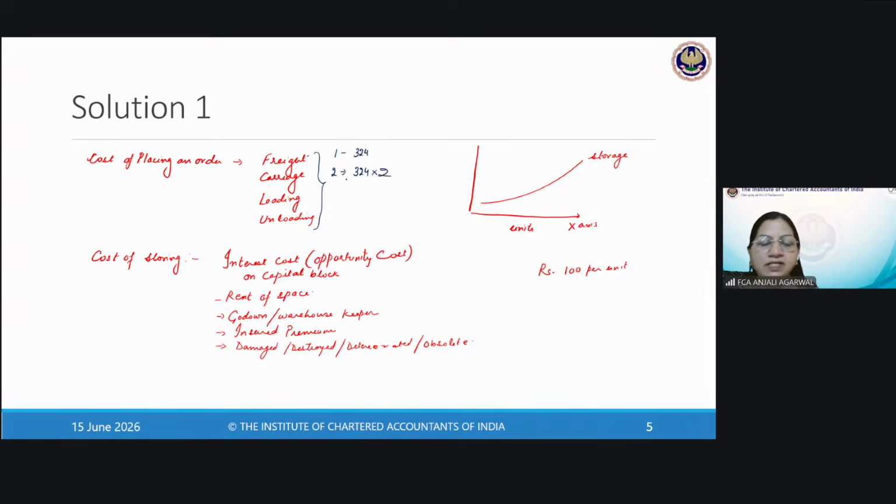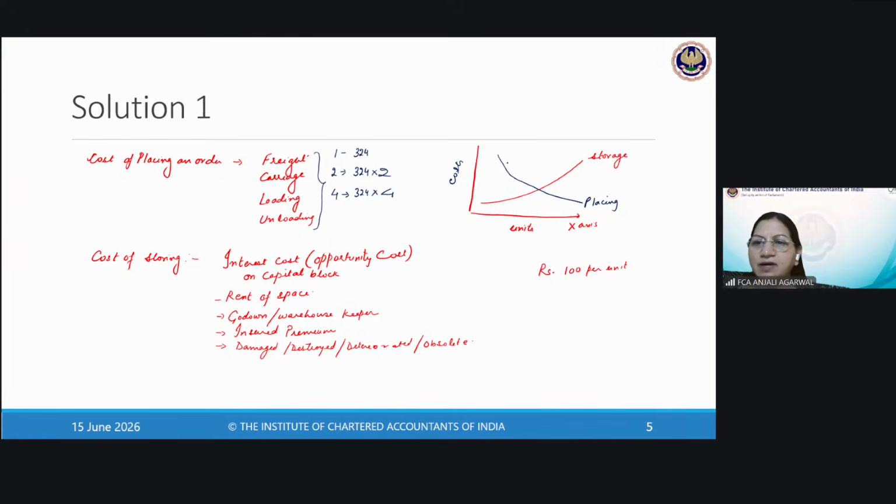If I buy 6,000 units, I will have 4 rounds of market, so 324 into 4. So the more units you have, the less is the placing cost. Placing cost behaves oppositely to the storage cost.